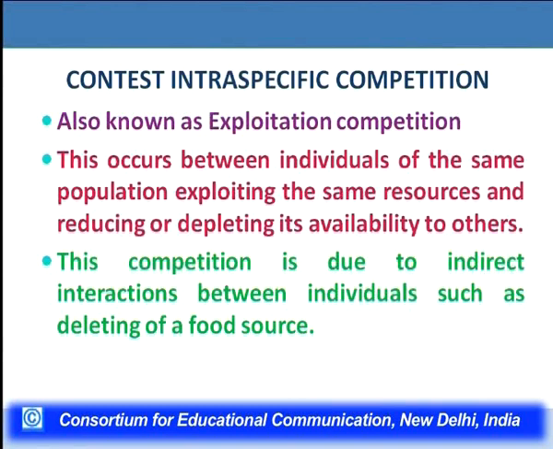For example, if there is a species where males have to find mates, the individual male who is going to find mates at a faster pace will be able to pass off more of its genes rather than the male who is sluggish and slow and is not able to find mates.